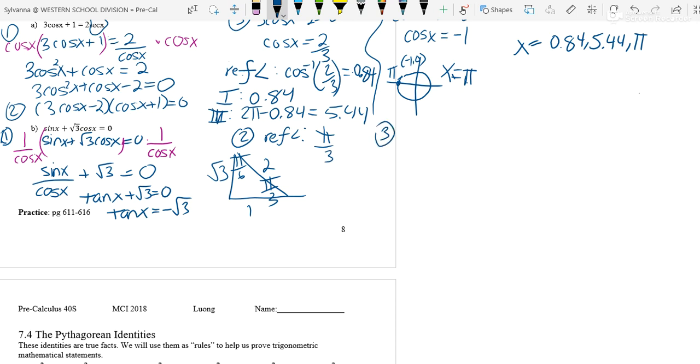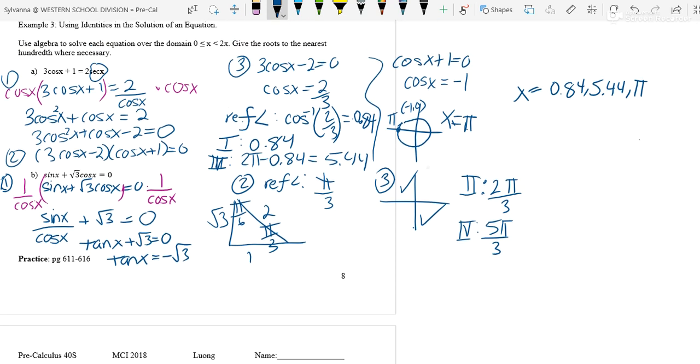Next thing I want to do is look at what quadrants I belong in. So tan is negative in quadrants 2 and 4. So in quadrant 2, I would have 2 pi over 3. And then in quadrant 4, that would be 5 pi over 3.